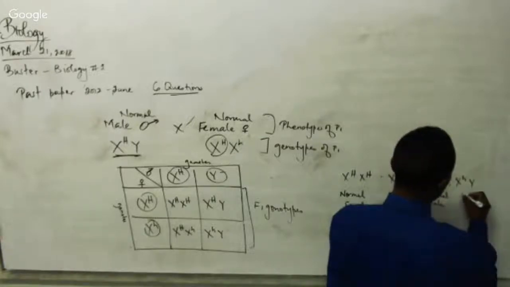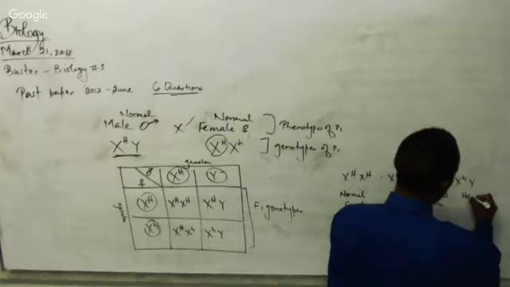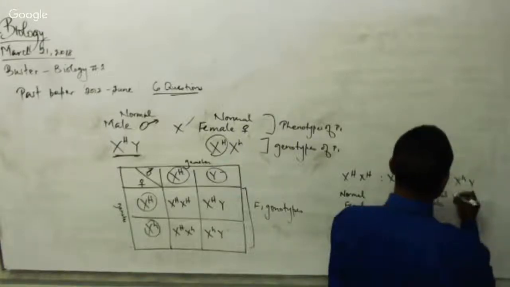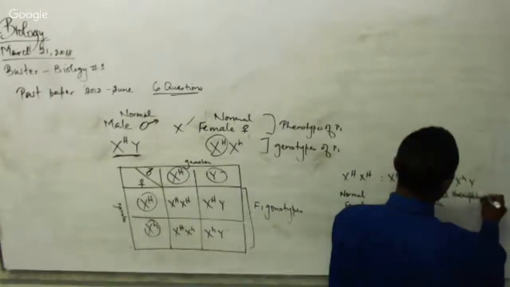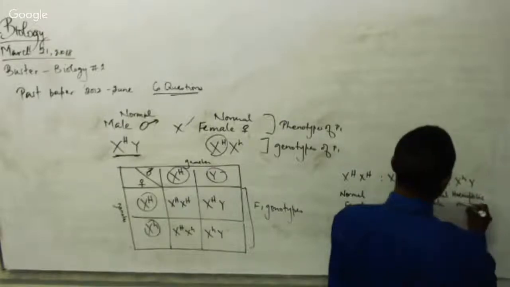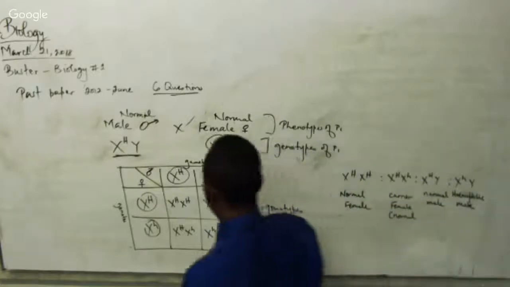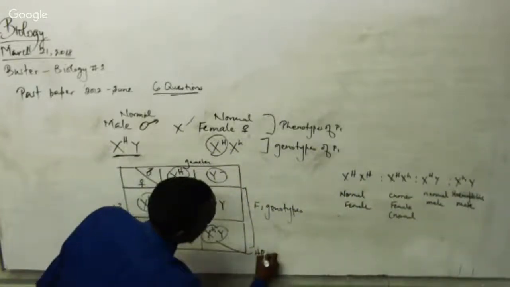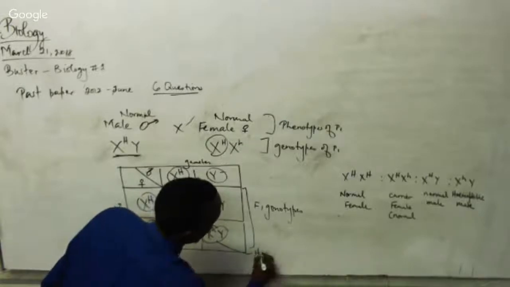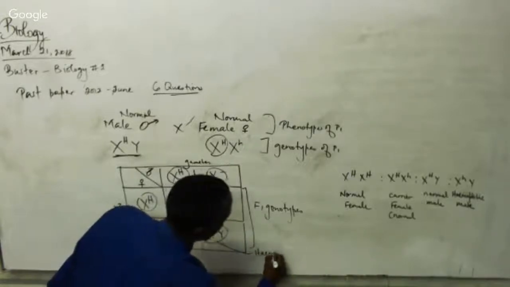And you have a hemophilia male. So we can circle this guy and call him hemophilia. And we use the English spelling here.